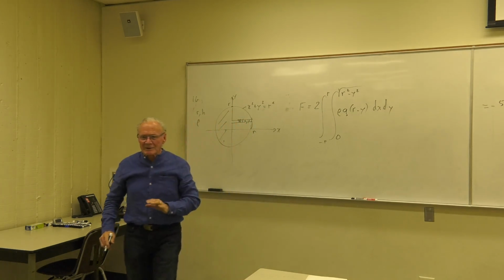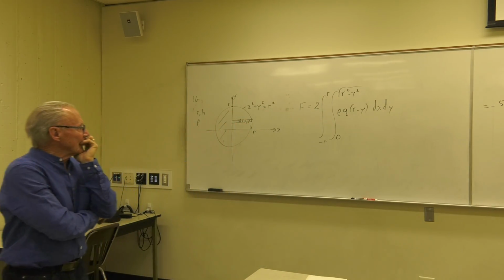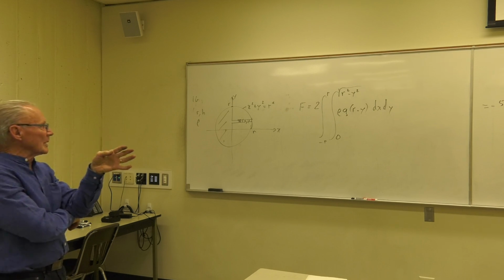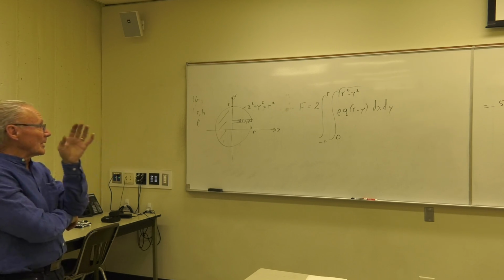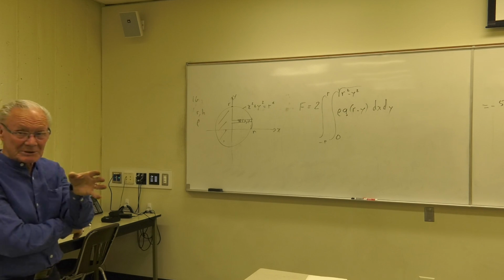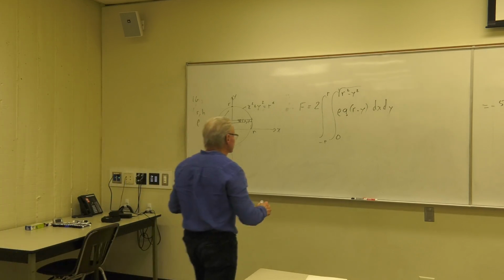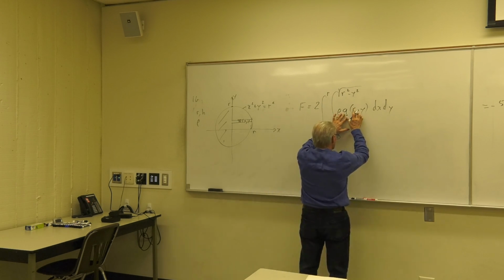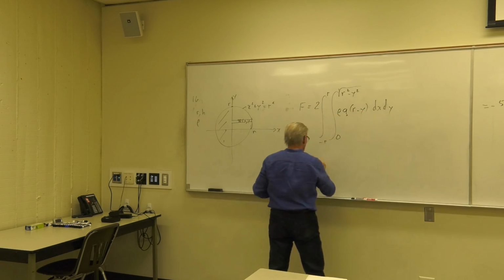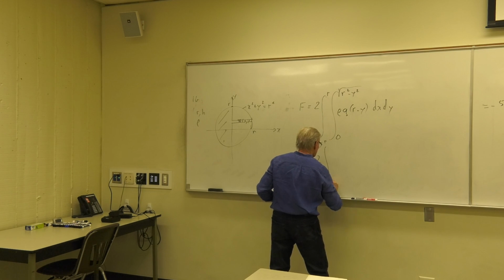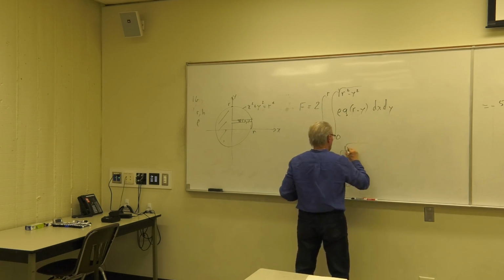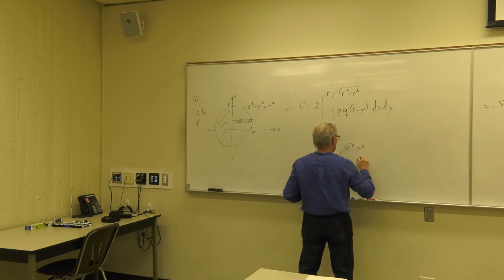So there it is. All right? Now, what I'm going to do is not necessary, but it turns out to be definitely advantageous. I'm going to break this integral into two pieces: the integral of that, and then the integral of that. I'm going to write 2 integral from minus r to r, 0 to the square root of r squared minus y squared.